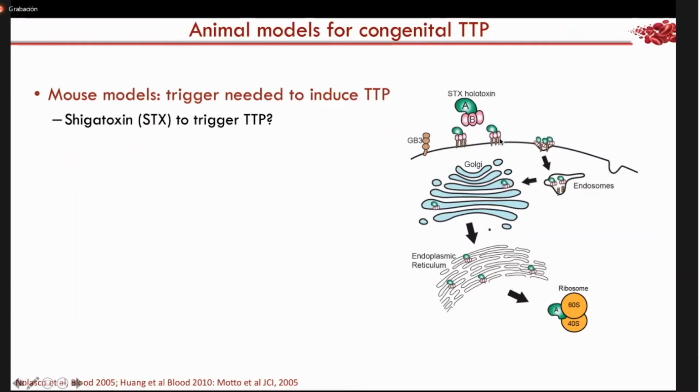And when it binds to endothelial cells, like shown here, it is internalized and it goes via the Golgi to the endoplasmic reticulum. And there the A subunit, which is a toxic subunit, blocks the ribosomes. And if the ribosomes are blocked, there is no more production of proteins, so no more translation of the messenger RNA, and the cells die, of course.